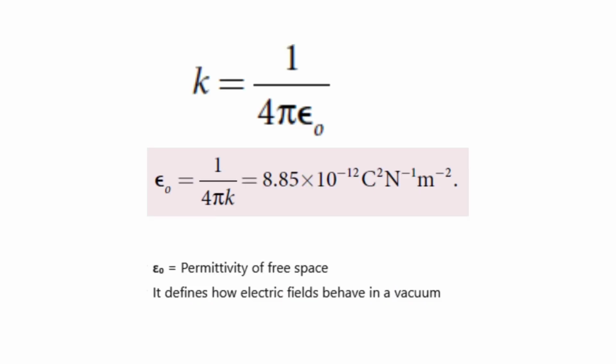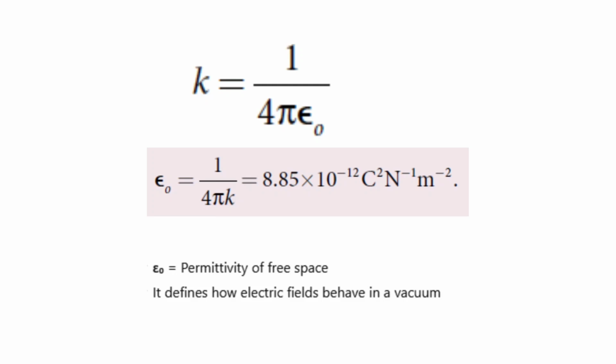them increases. In Coulomb's law, the constant K is related to a physical quantity called the permittivity of free space. It's represented by the symbol epsilon naught. The relation is K is equal to 1 by 4 pi epsilon naught.